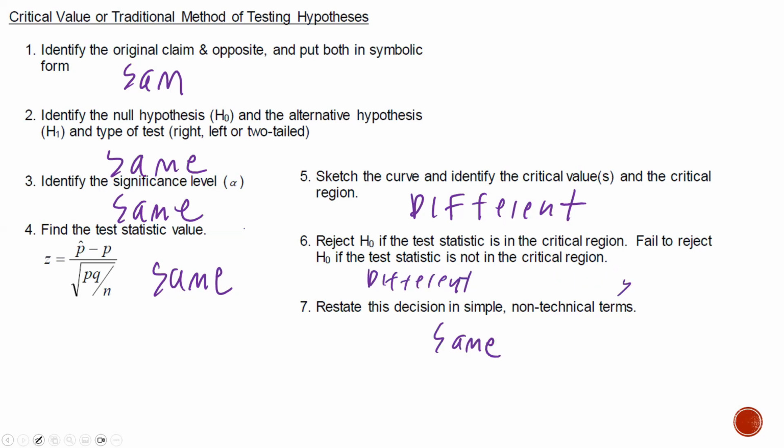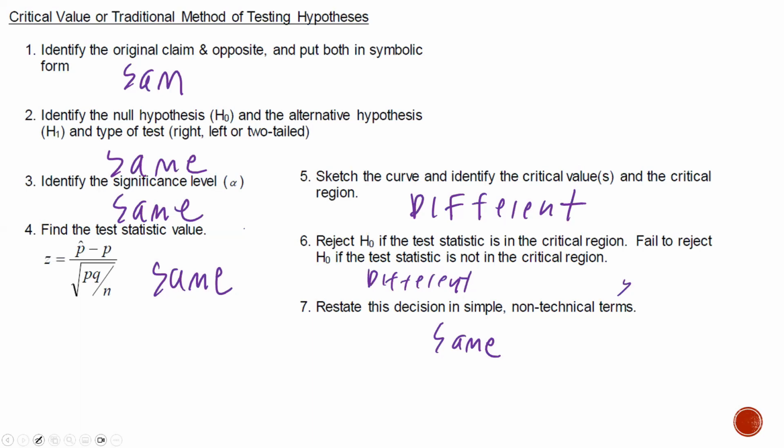So here's the difference in this method than that method. In that method, we found our test statistic and found the probability corresponding to that, and then we compared that probability to our significance level. In this case, we have a significance level. We find a critical value corresponding to the significance level, and then we compare that to the test statistic.